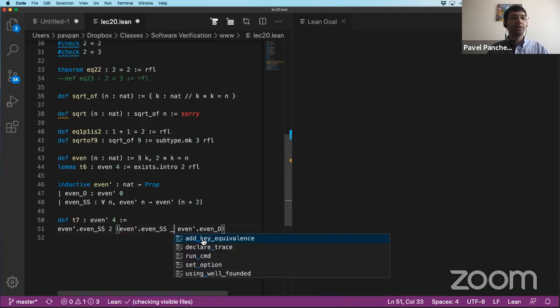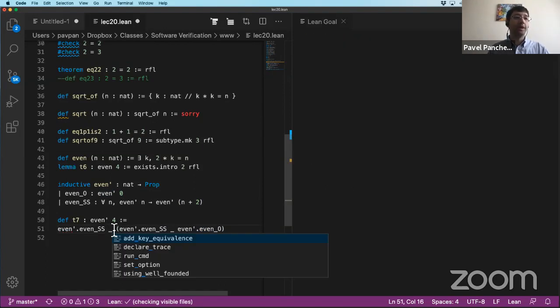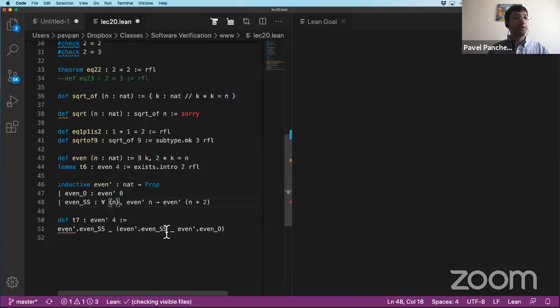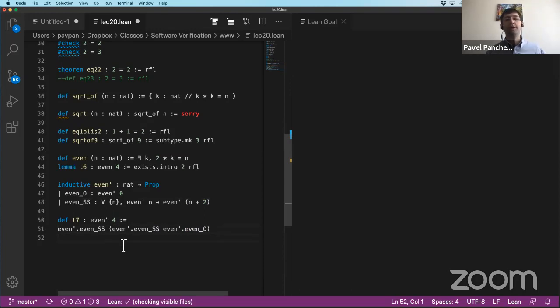And so if I put an underscore here, this even SS knows that it's being applied to a proof that 0 is even. So it knows that this term has to be 0 and it fills it in automatically. And likewise with that for 2. And actually I can tell Lean that I just always want underscores by putting little curly braces around that, and then you won't have any questions. But that's what the curly braces here mean. They just mean you can fill in this argument from the other arguments.